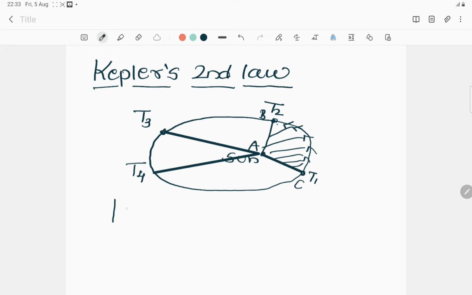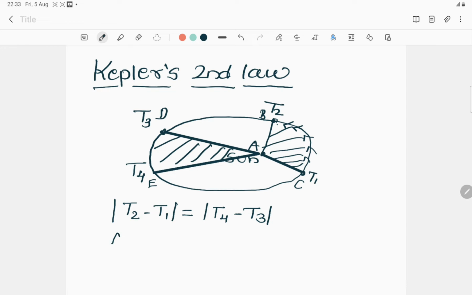So if, for example, time t2 minus t1 is equal to t4 minus t3, then this area DE, okay, then area ADE is equal to area ABC. So these two areas are equal.